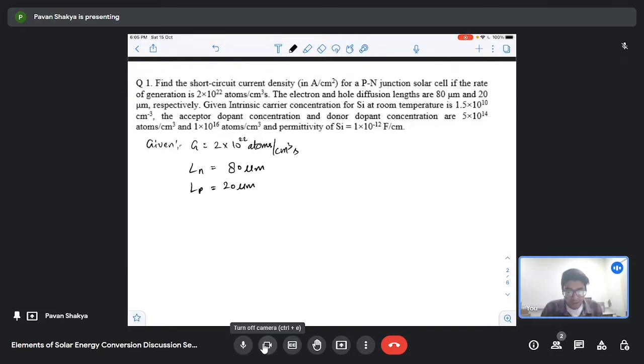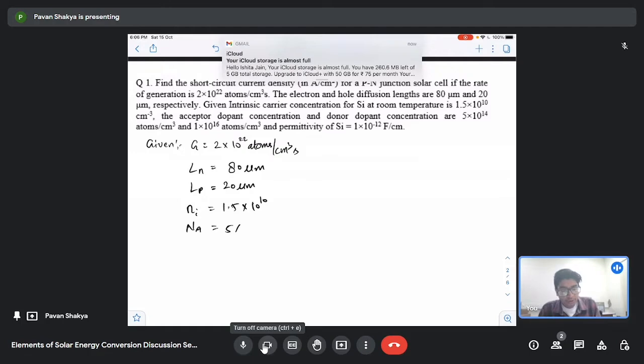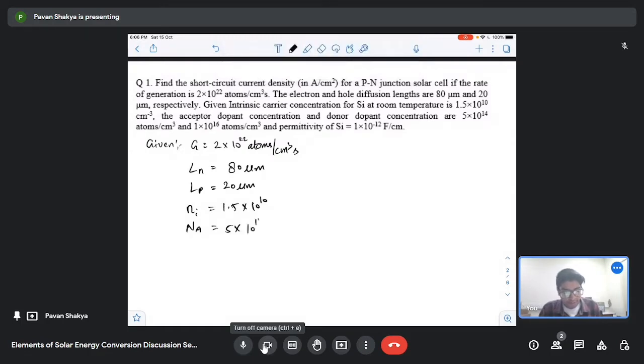Next, the intrinsic concentration that we denote as Ni is given as 1.5 into 10 to the power 10. Na, the acceptor concentration, is 5 into 10 to the power 14 atoms per centimeter cube.